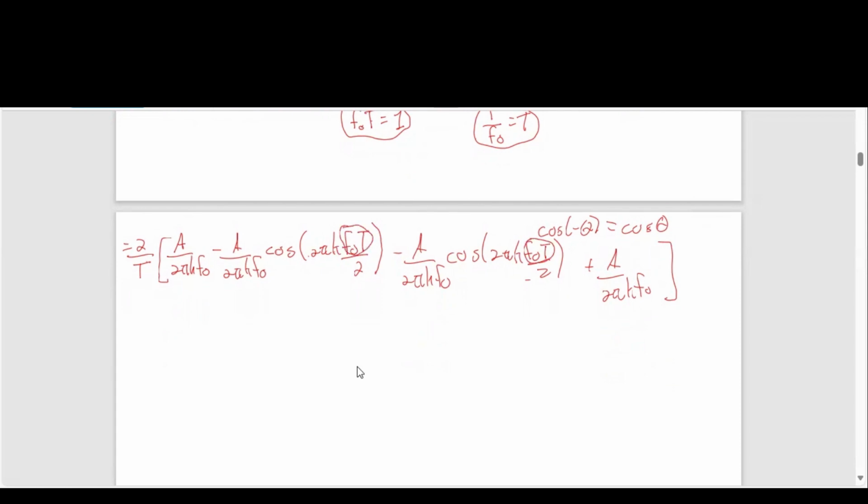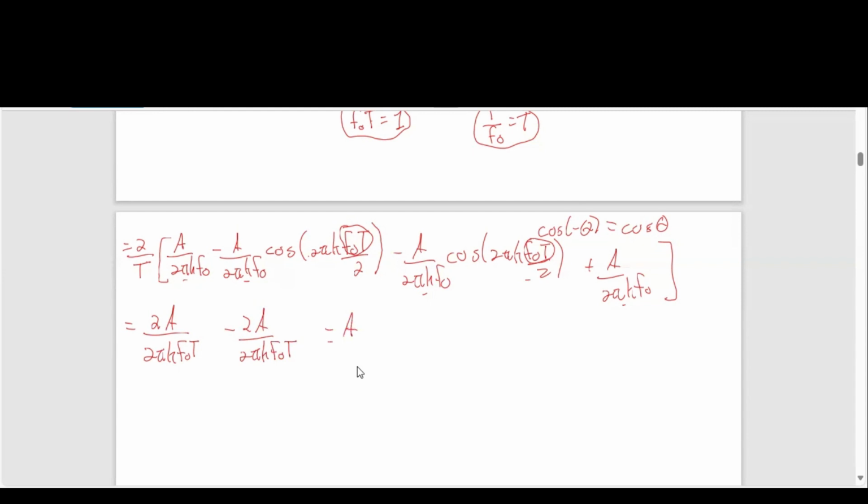And the last thing we need to do is expand out the 2 on t to each term. Let's do that piece by piece, and I'm not skipping any steps. So 2a on 2 pi k f naught t, then you have minus 2a on 2 pi k f naught t.